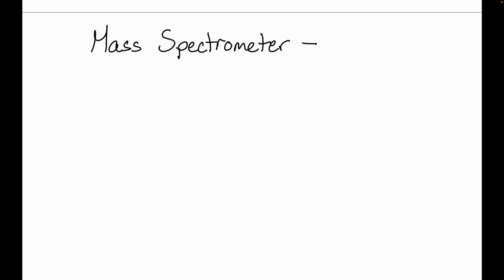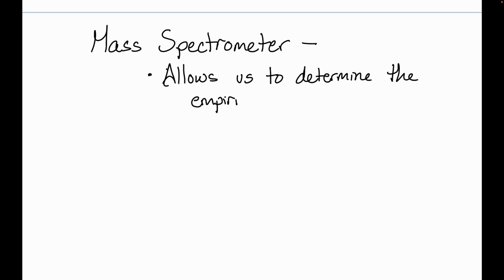For our purposes, we're just going to make a note that this instrument allows us to determine the empirical formula of a compound. Okay. Likewise, we can also use this to determine the molar mass.